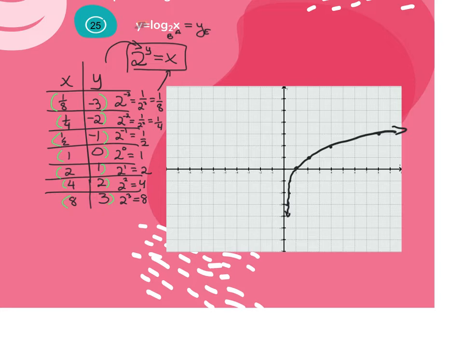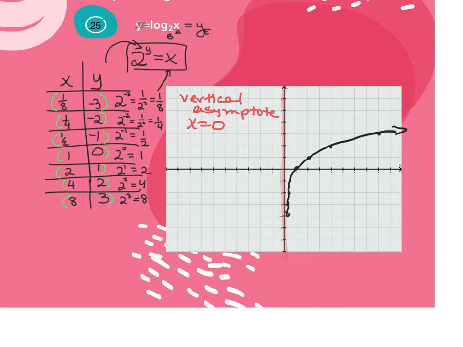Now, remember, it also has an asymptote, and you can see how your graph is starting to skim along it. It's the y-axis here, and the equation for the y-axis is x equals 0. So it's got a vertical asymptote this time, not horizontal, and the equation is x equals 0.